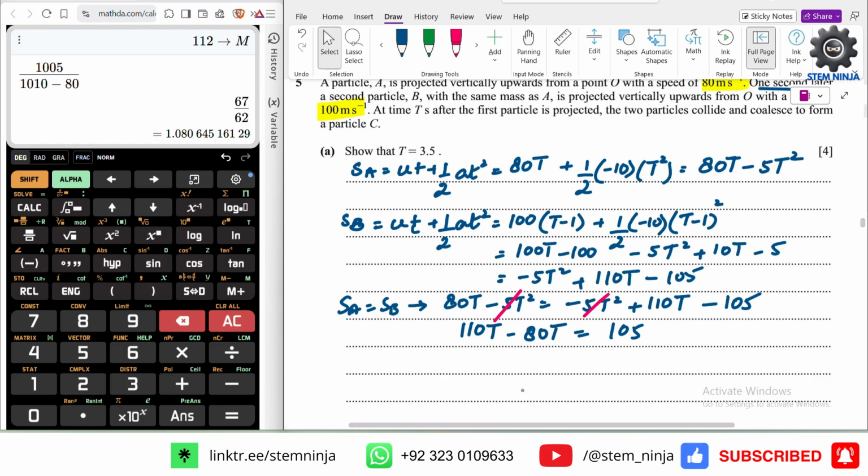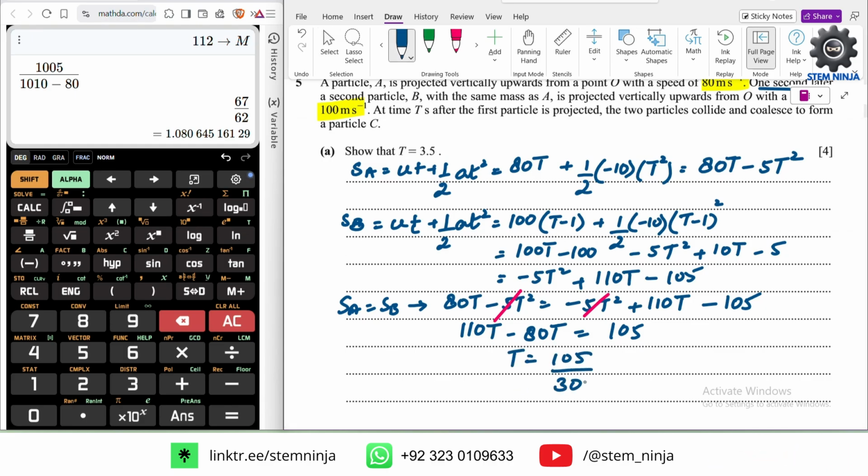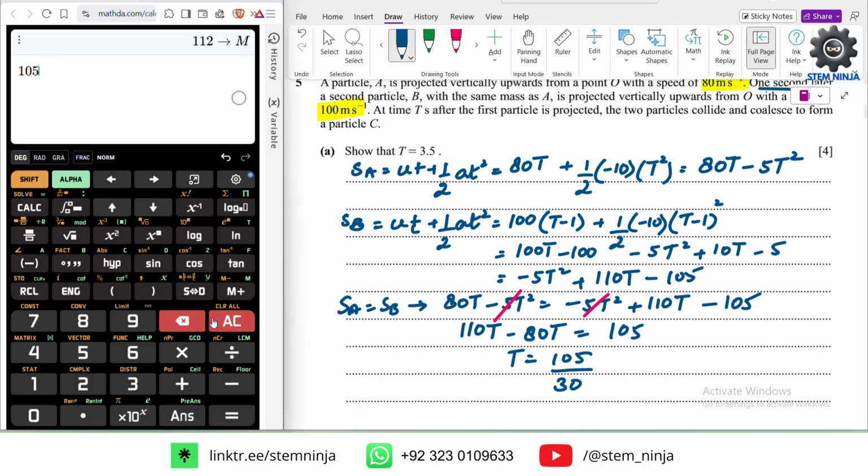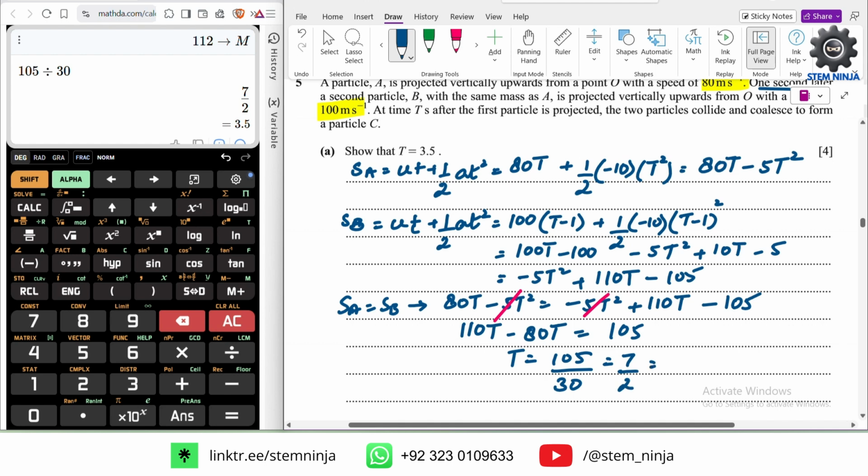Basically t equals 105 divided by 30, which is 7/2, which is 3.5 as shown.